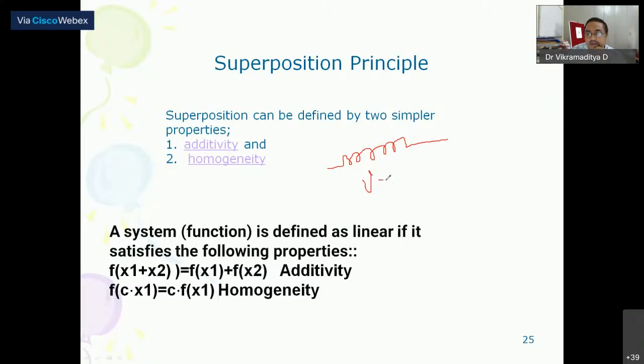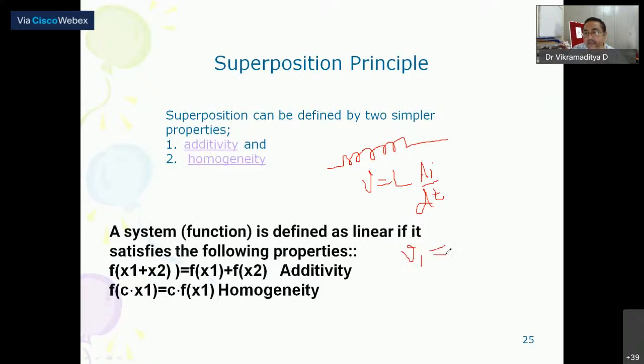Most of the people are saying linear. The equation of an inductor, which you have learned in your lower classes, is V equal to L di by dt. Now, let us apply current I1. So I will get a voltage V1.